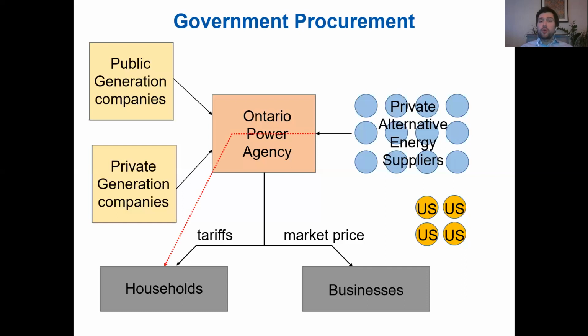If we were to invent this mechanism, if we were to demonstrate that energy from private alternative energy suppliers would only get to the households at prices below cost, and it will be only the execution of the social function of the government, there will be no commercial resale, then this situation could potentially be compliant with Article 3.8. However, in my regional situation, there was no way to ensure it. And in that sense, it would be a violation not to permit US producers to participate because there are high risks of commercial resale at the commercial market for businesses.